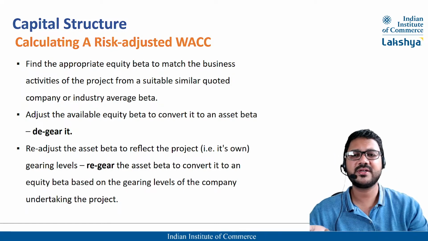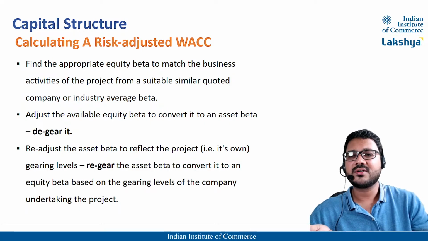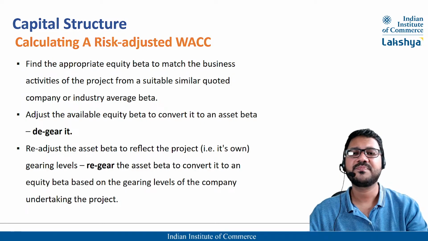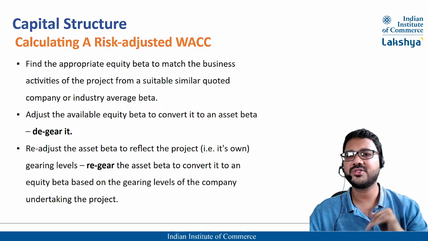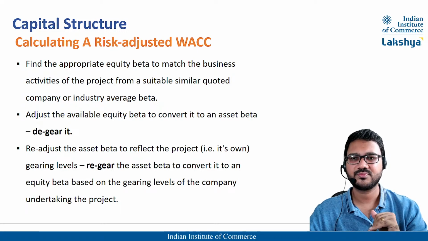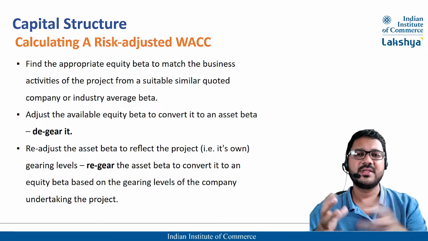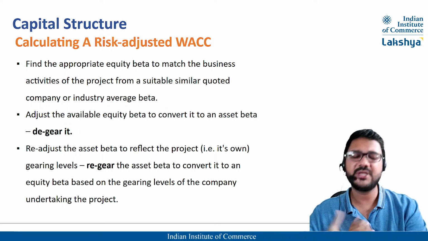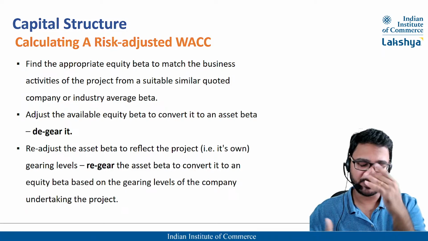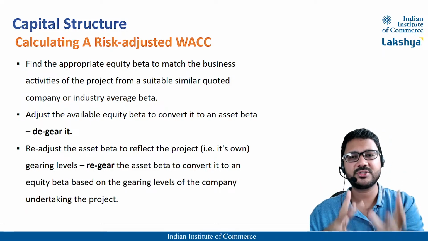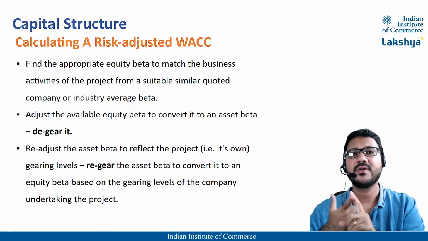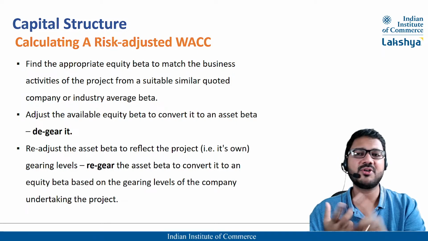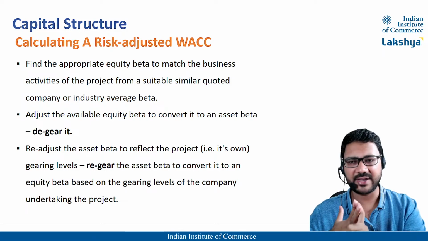Say, for example, the industry average is 2 times, and you feel that no, I'm actually safer than industry average, then you can assume, okay, I'm not 2, I'm maybe 1 point something. Anyways, you need not be doing that from exam point of view. From exam point of view, you will take the proxy beta, which could be either of a similar listed company, or it could be the industry average.